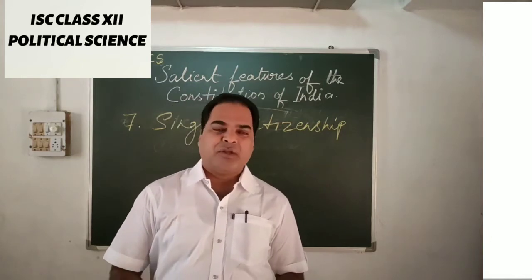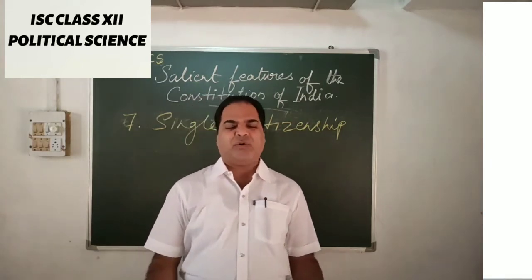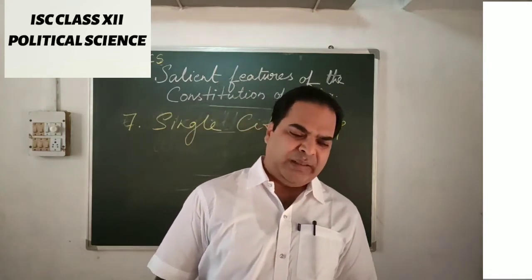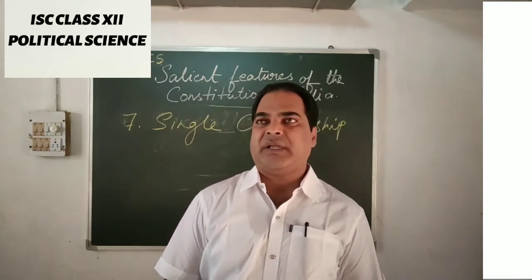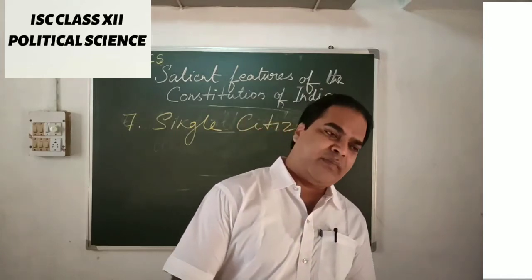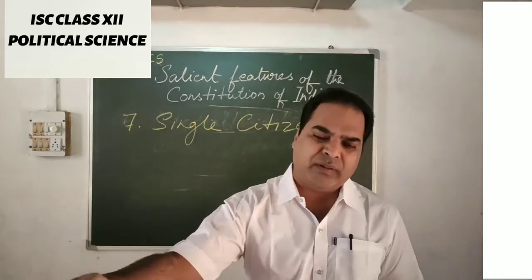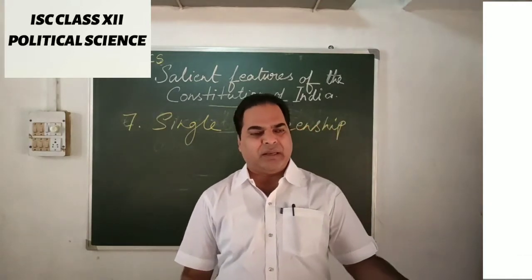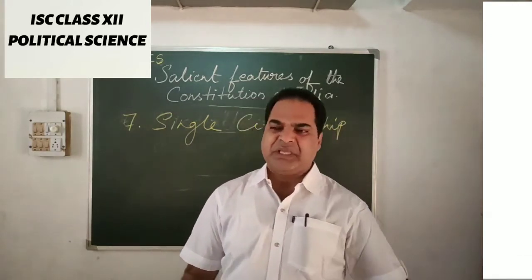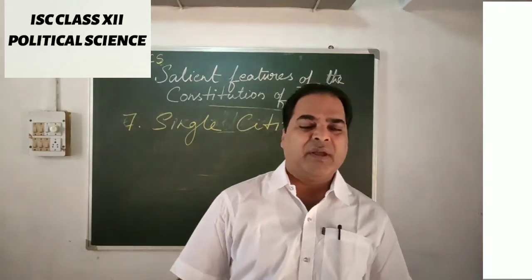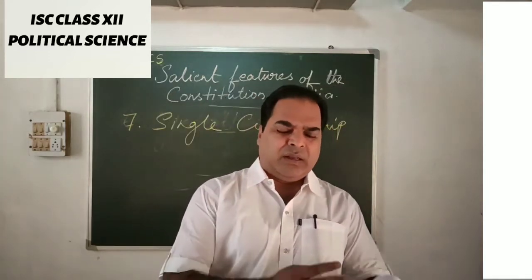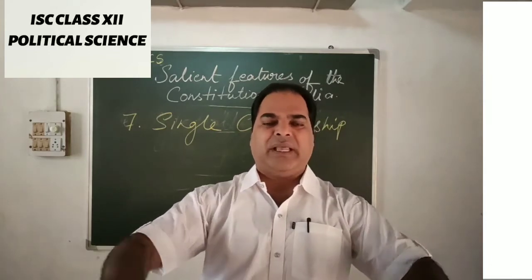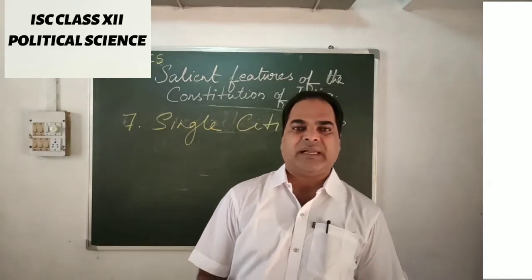I know that you all know that we are citizens of this country, India, though we live in different parts of our country. I live in West Bengal. Many people live in different states: Tamil Nadu, Bihar, Maharashtra. Wherever we live, we are all together in a single state, that is India.